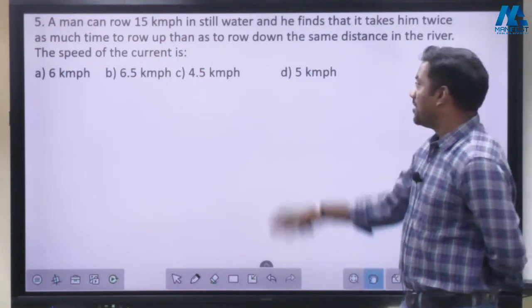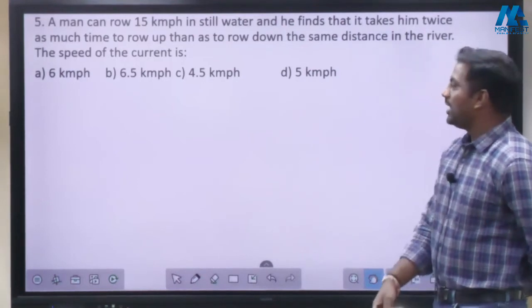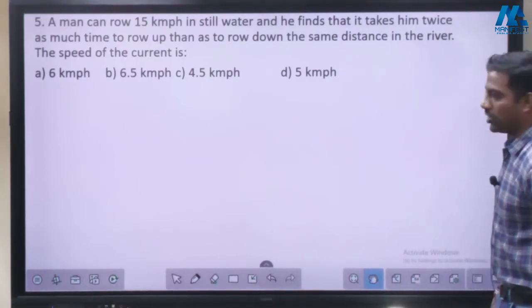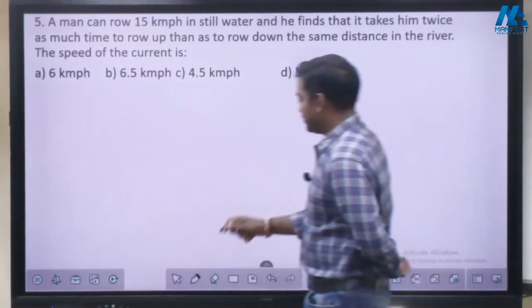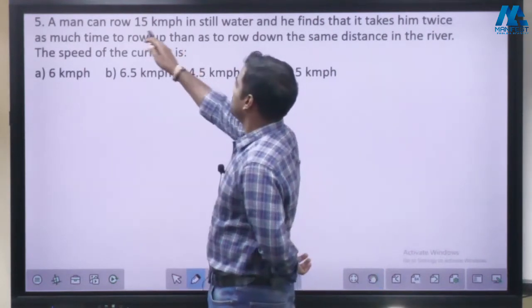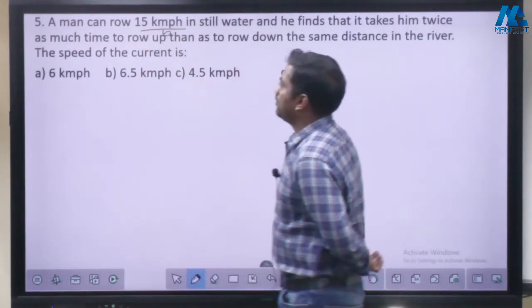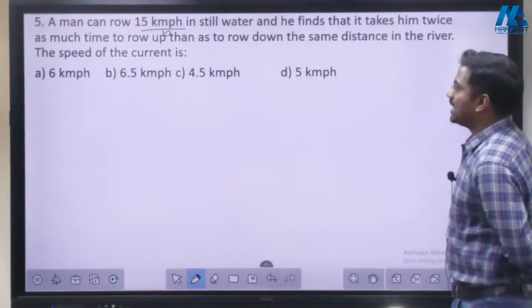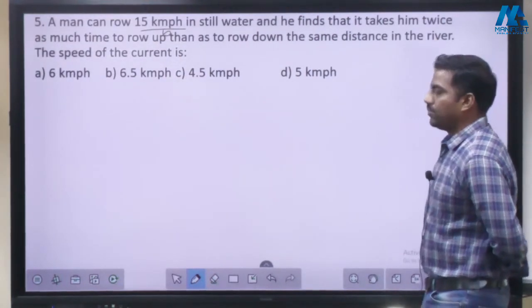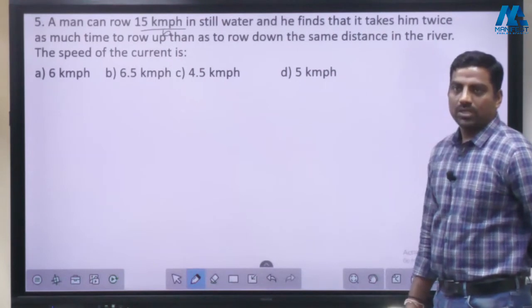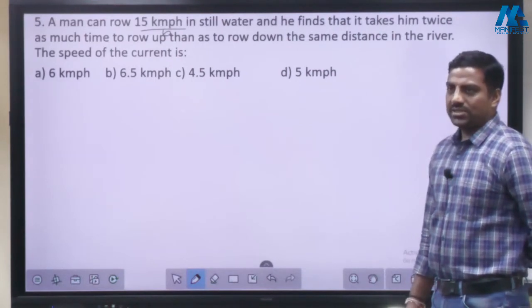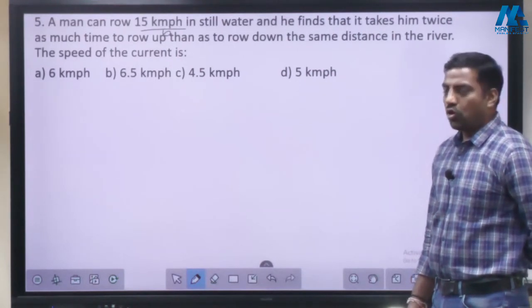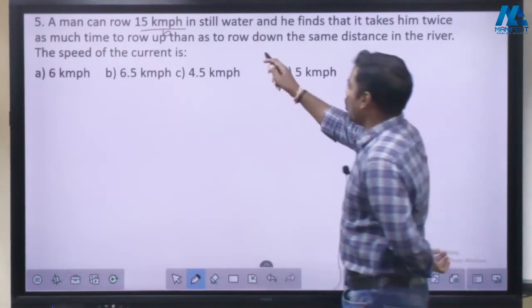A man can row 15 km per hour in still water. What is this? B. And he finds that it takes him twice as much time to row up as to row down.